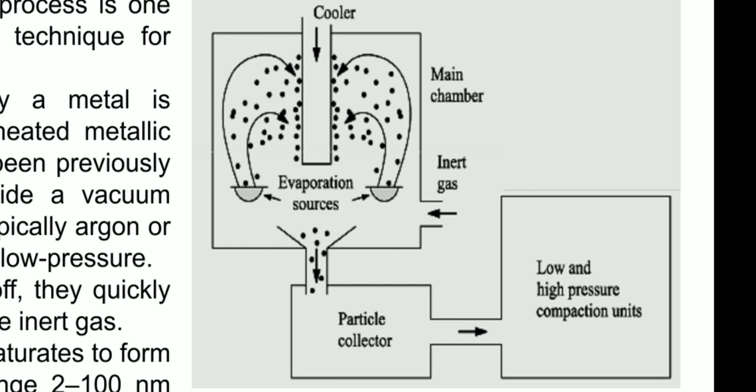This tube is hollow because you have to pass some coolant through it. In the ideal case you can use liquid nitrogen, but again it is expensive, so in most laboratories people use chilled water. The purpose is just to keep that rod at a low temperature.